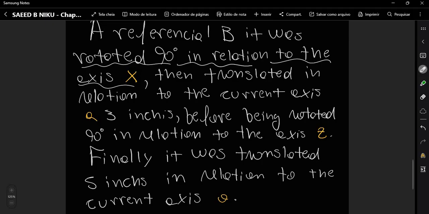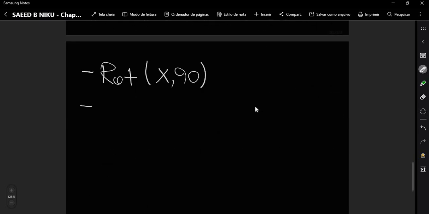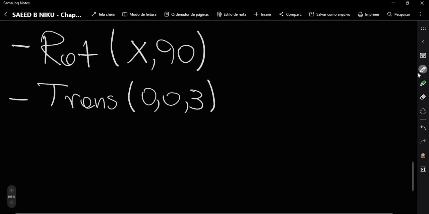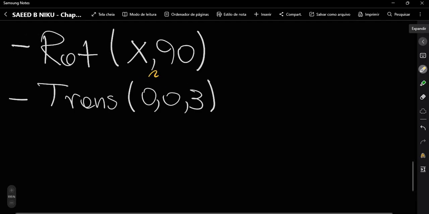We have a translation in relation to the current axis A, 3 inches. So it is a transformation of translation of 3 inches. And he says that it is on the axis A. So it's NOA.